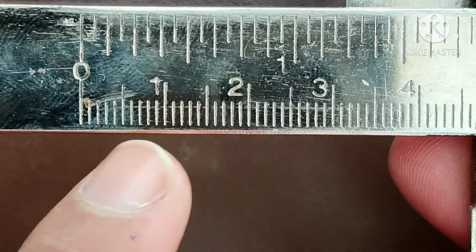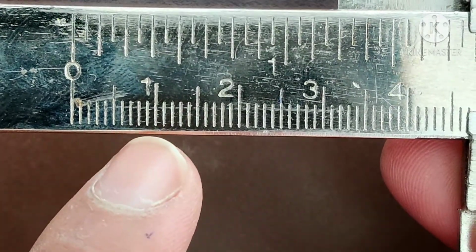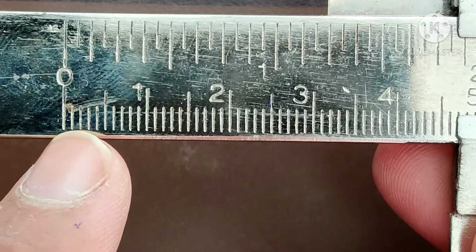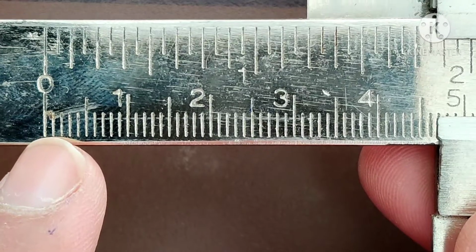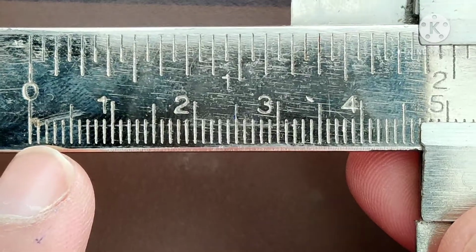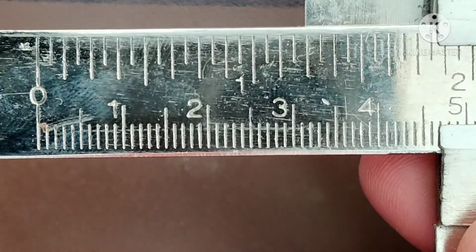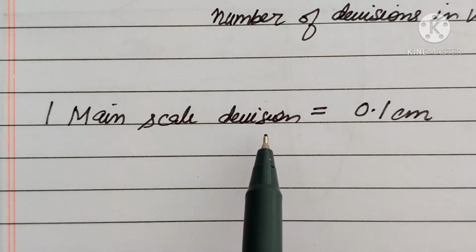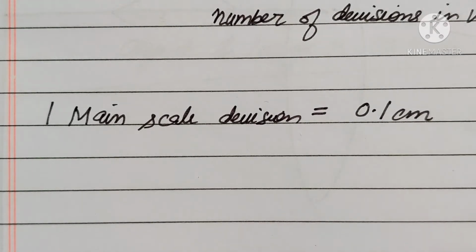Now this 1 centimeter of the main scale is further divided into 10 parts. So one part of this scale is equal to 0.1 centimeter. So 1 main scale division is equal to 0.1 centimeters.